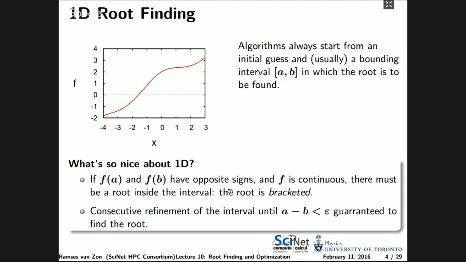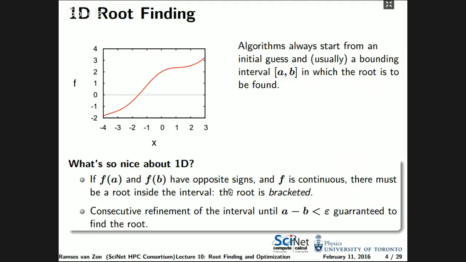But what's nice about 1D is that if I know that the function is negative at -4, as it is here, and positive at 3, and assuming it's a smooth or at least continuous function, then I know there has to be a root somewhere in between, right? The strategy will be to zoom into that root until we're close enough or until we've found it. But we know there is one.